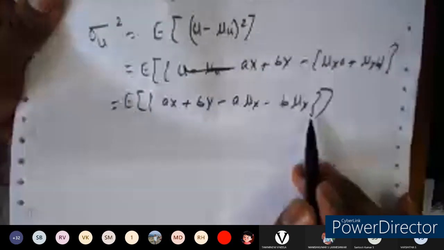Let us multiply the minus with all the terms here. We did that in the last class: ax plus by minus a into mu x minus b into mu y, and the whole thing is squared.